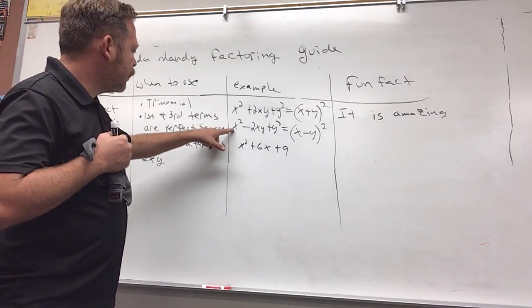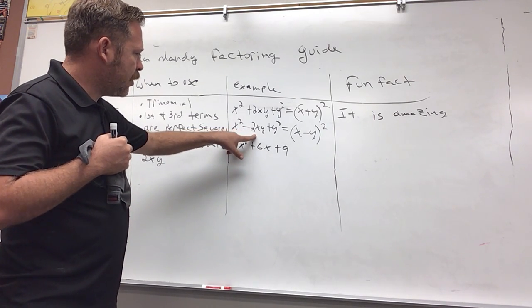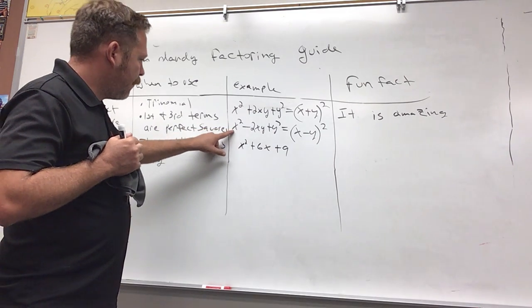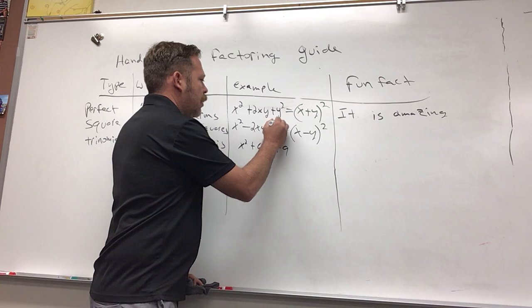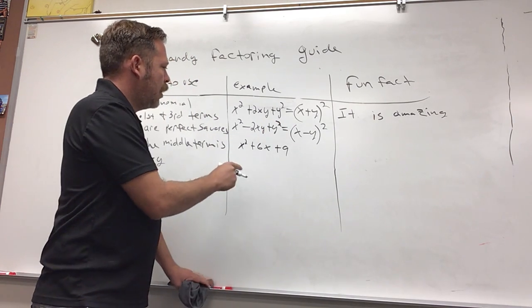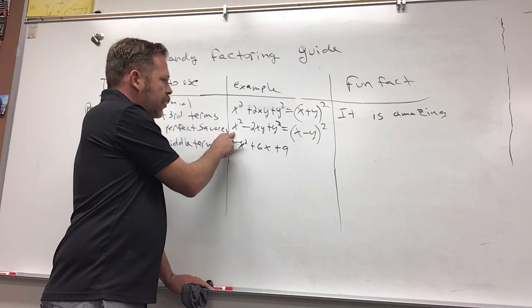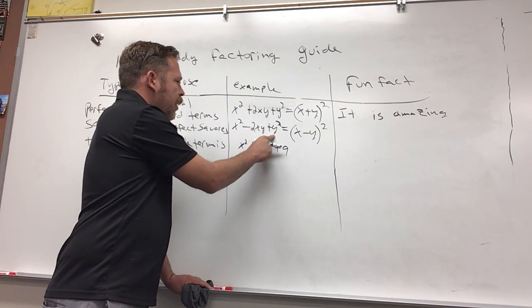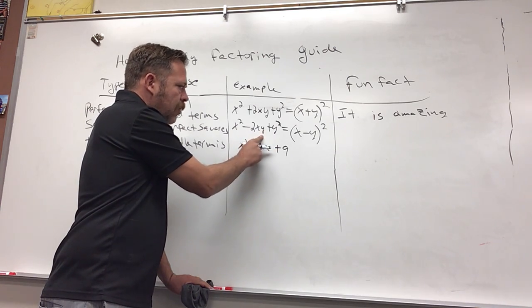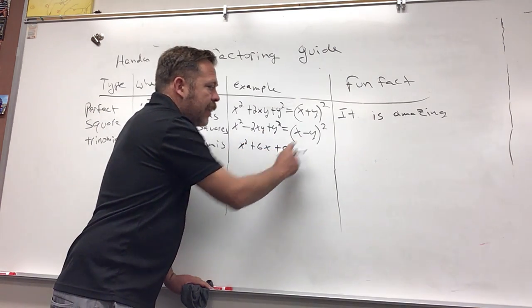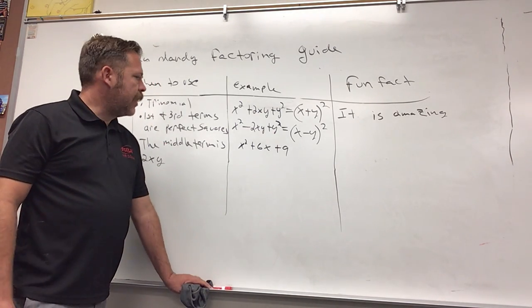For this one, if it's subtraction between the first and the second term, and you have a perfect square for the first term and a perfect square for the third term, again, this is a formula. And in the middle term, if you take the square root of the first term and the square root of the second term, and you multiply 2 times those, and it equals the same thing in the middle, it factors to x minus y squared. So think about those formulas a little bit, and then let's try one.